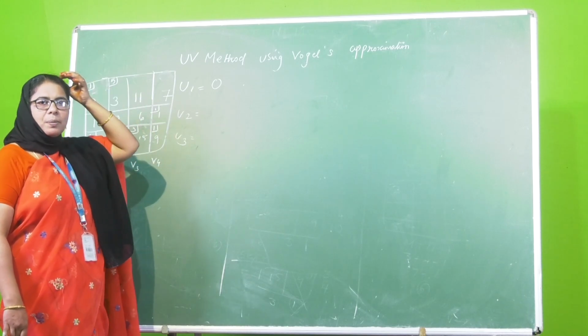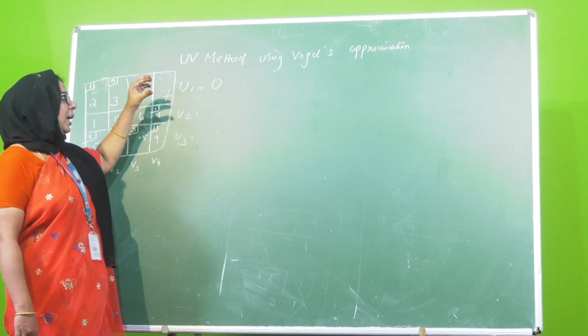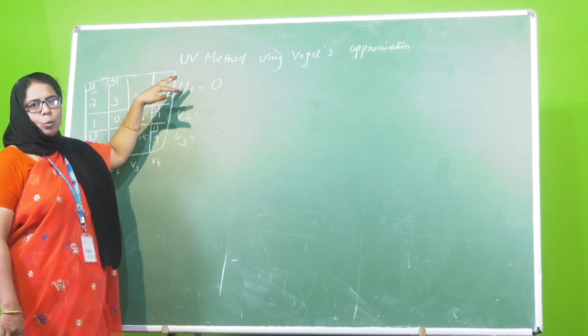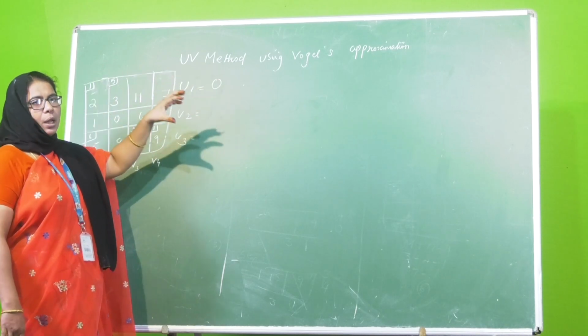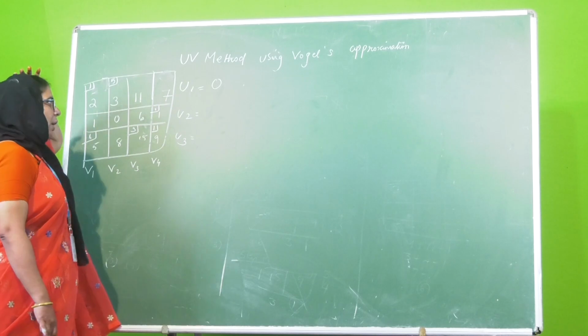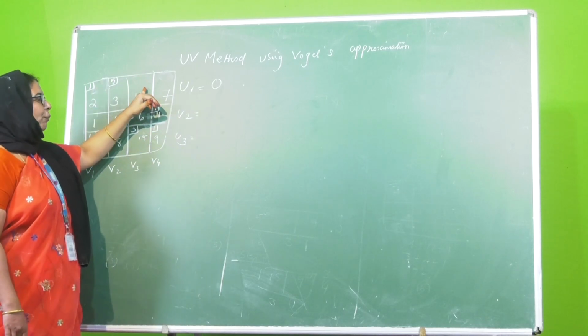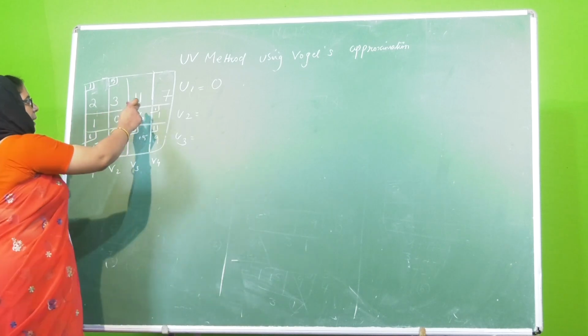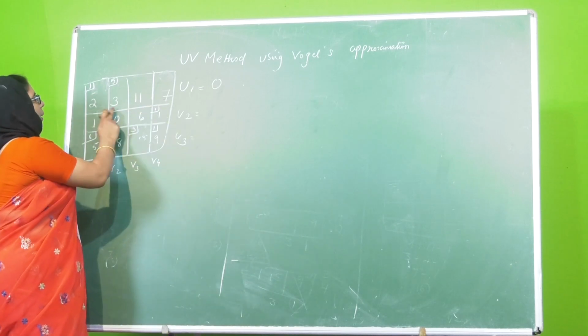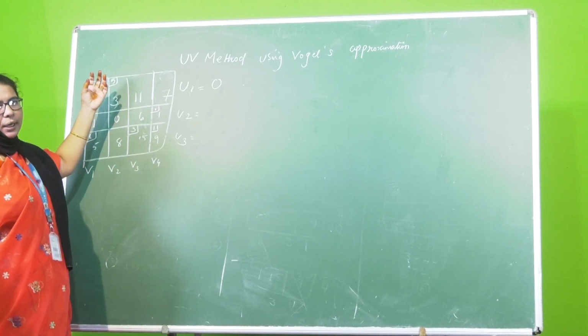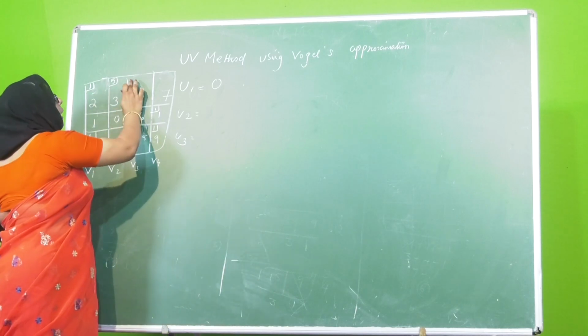In all the problems on UV method, we assume that the initial value, that is the U1 value, is to be 0. And using these values for the original allocation, we find the dummy allocation for the unallotted cells, that is the 11, 7, remaining original allocation, that is the original allocation is not there.